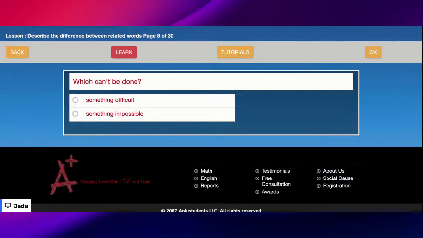So, which can't be done? Something difficult or something impossible? Which one can we not do? Is it going to be something difficult or something impossible? What is something that we cannot do? Impossible or difficult? Which one?